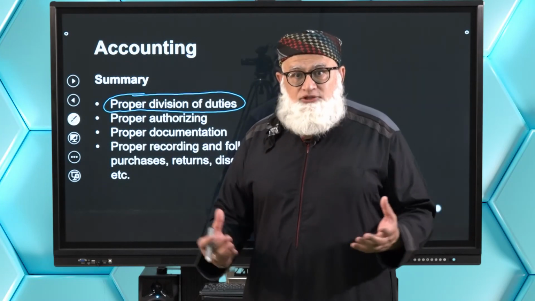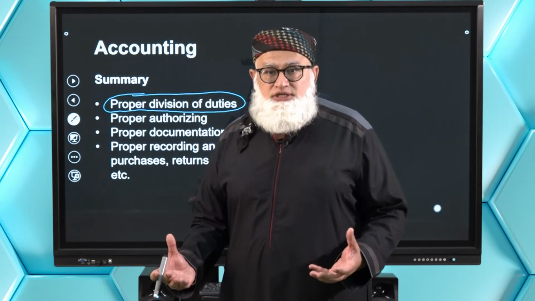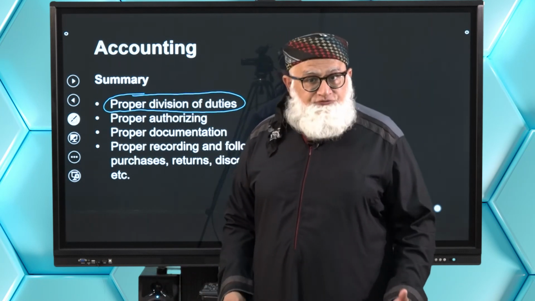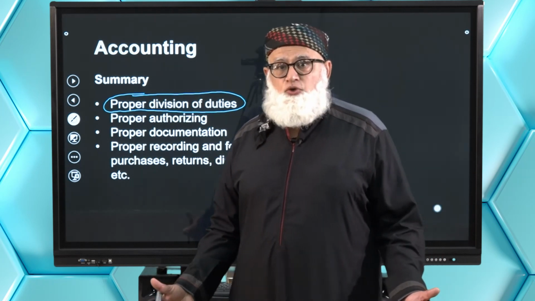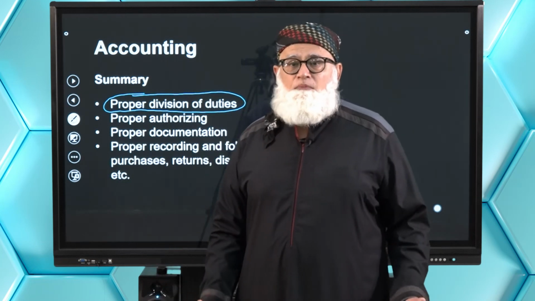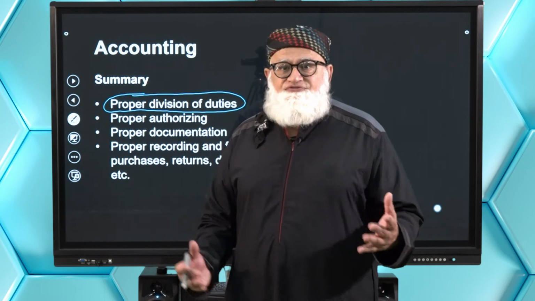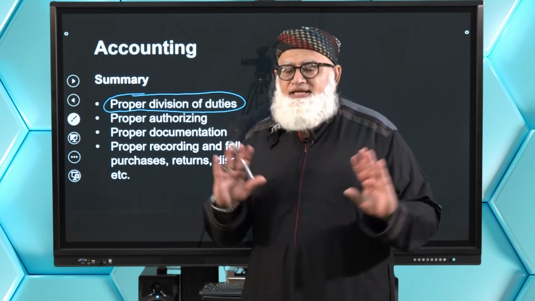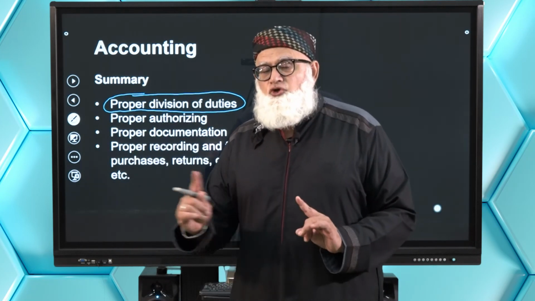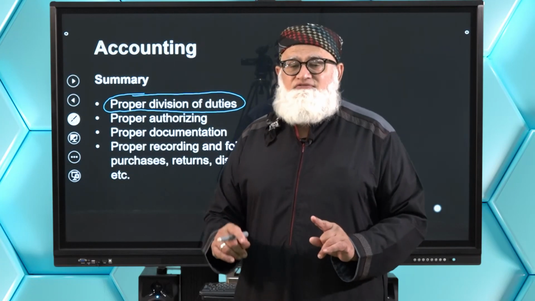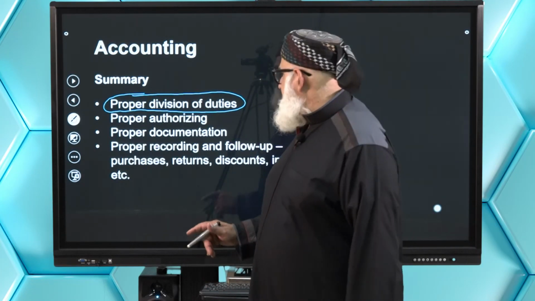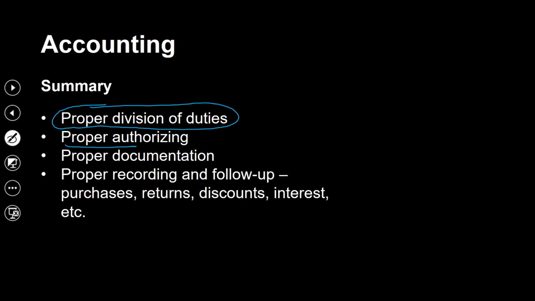Obviously, in that way, if you have division of duties, there's less possibility of fraud. Obviously, you do get collusion, but we're expecting our people to be honest, and therefore, by having different people doing different tasks, you are separating your duties, you are dividing your duties, so one can serve as a check on the other.